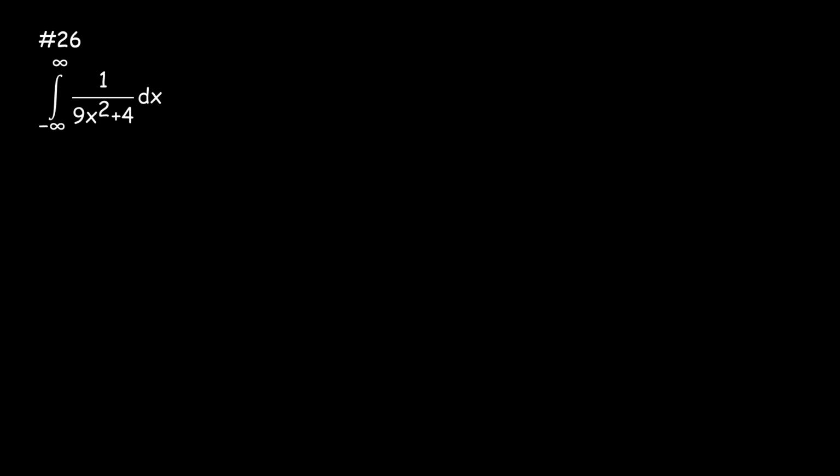So let's start off by factorizing the 4. We get 1 over 4 brackets 9x squared over 4 plus 1. We're going to rewrite this as 1 over (3x over 2) all squared plus 1, just like I said. Now we can let 3x over 2 be equal to tan u, pardon me.